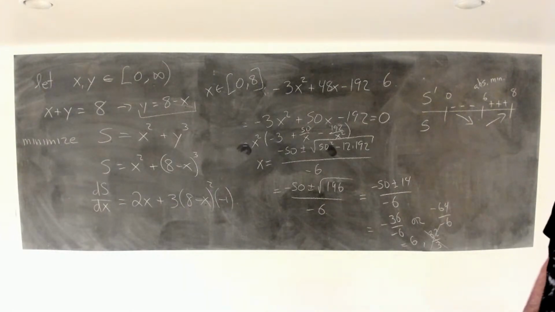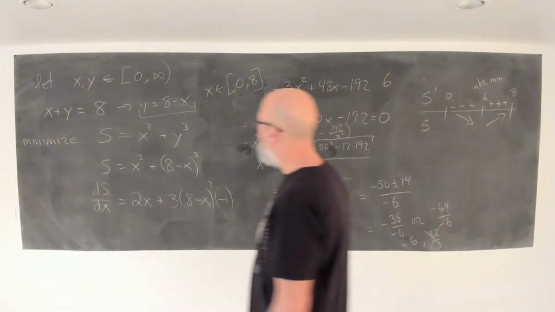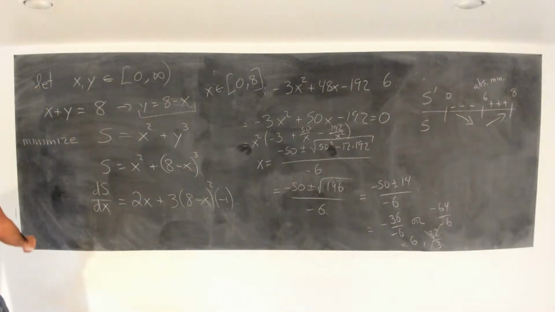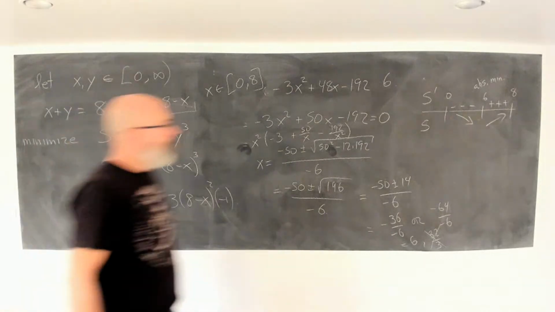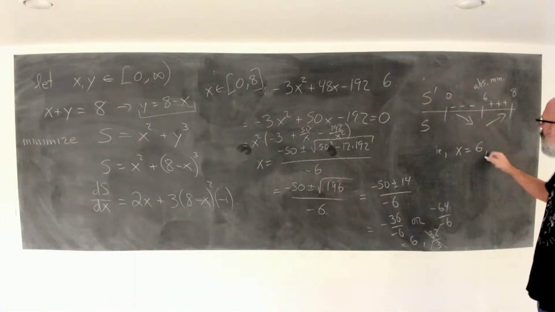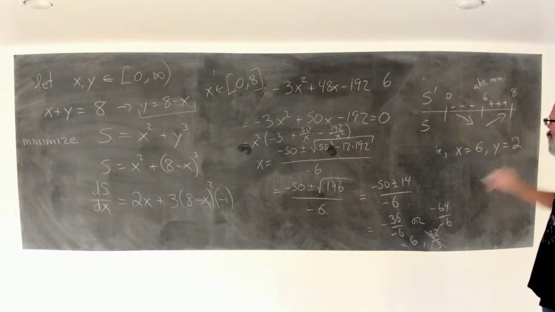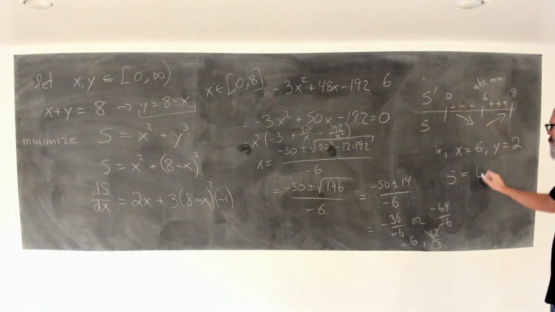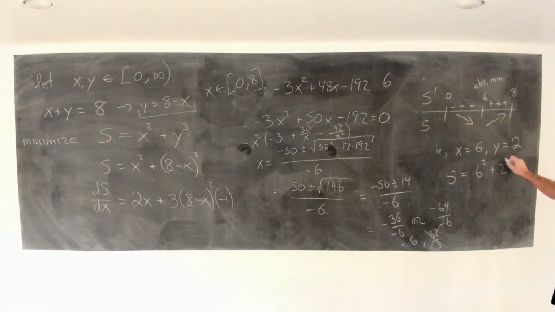There you go. So x equals 6. Y equals 2. And s is going to be 6 squared plus 2 cubed. So 36 plus 8, 44.